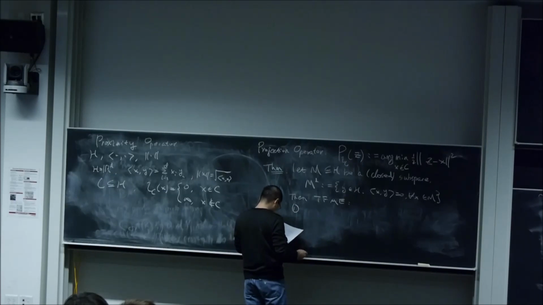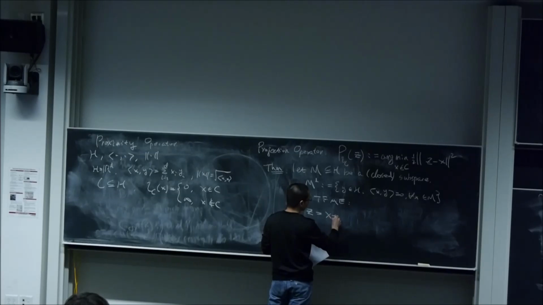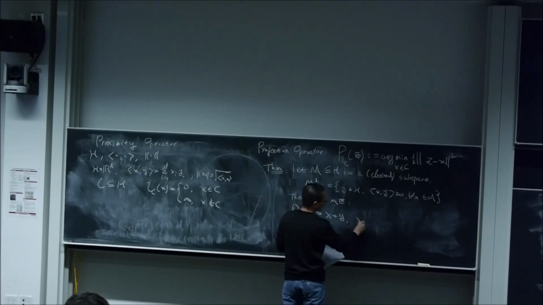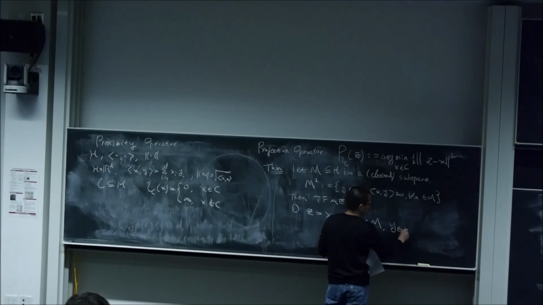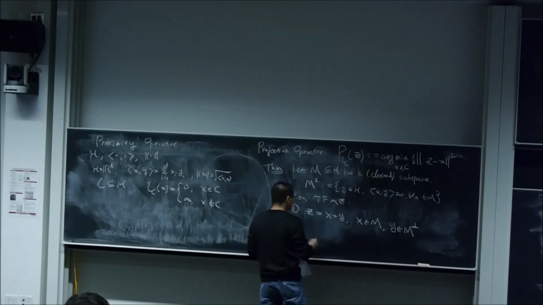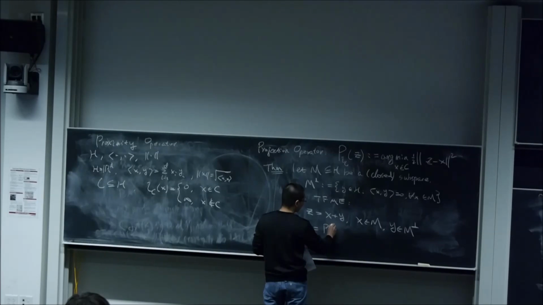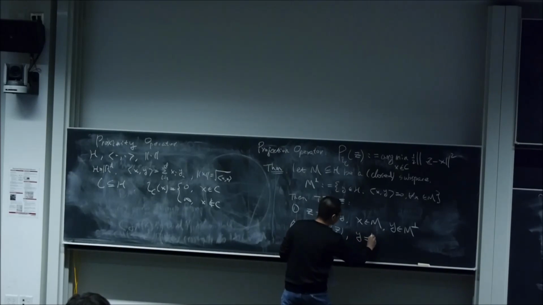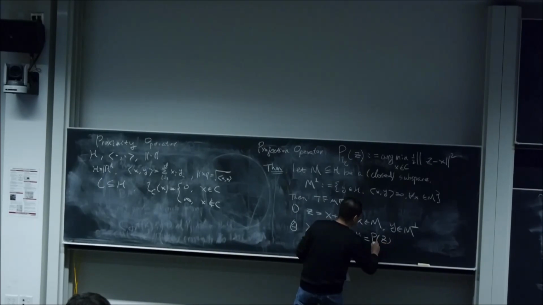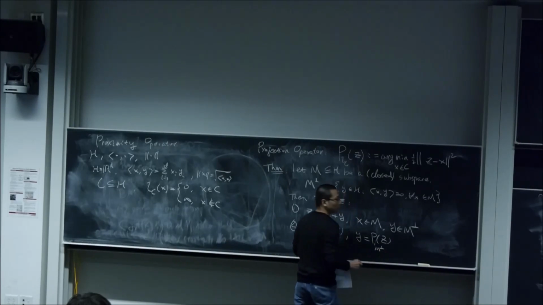First, a vector Z can be decomposed as x plus y, where x is in the subspace M and y is in the orthogonal complement. And the other thing is, x is the projection of Z into the space M, and y is the projection of Z into the orthogonal complement.